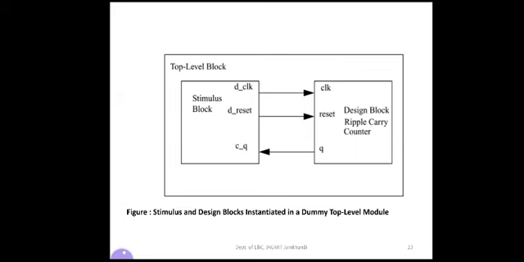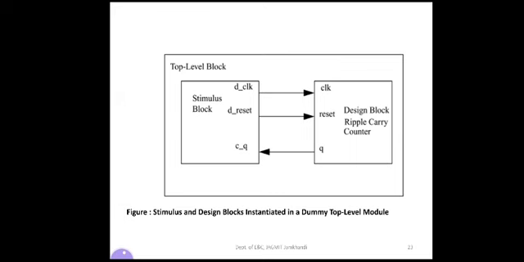This style of applying stimulus is shown in this figure. Here the stimulus block consists of d_clock, d_reset and c_Q. Of these three signals, d_clock and d_reset are the input signals, which are connected to the signals clock and reset of the design block.